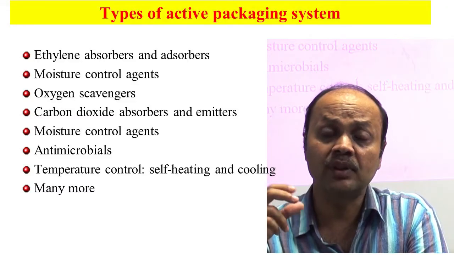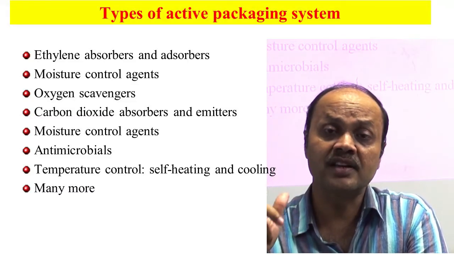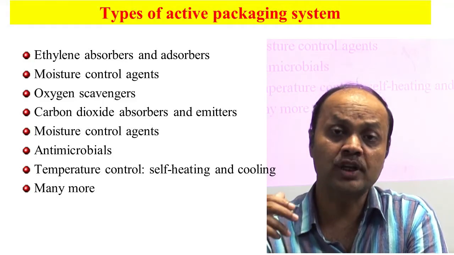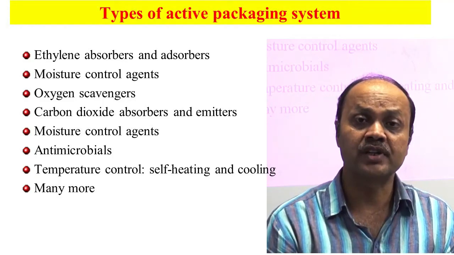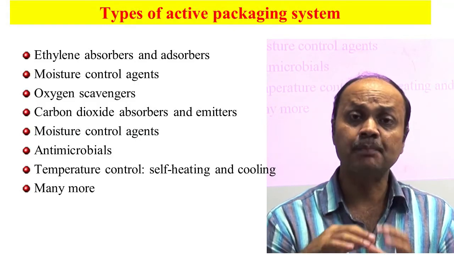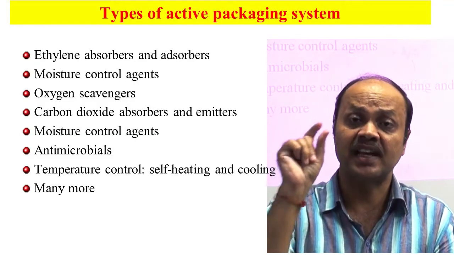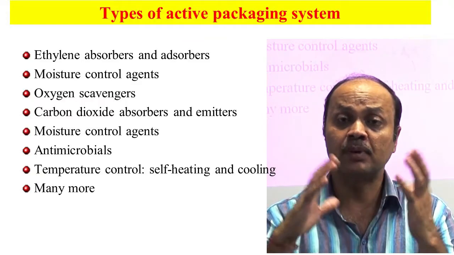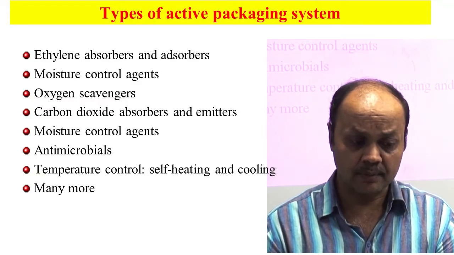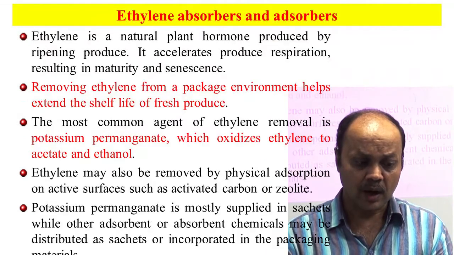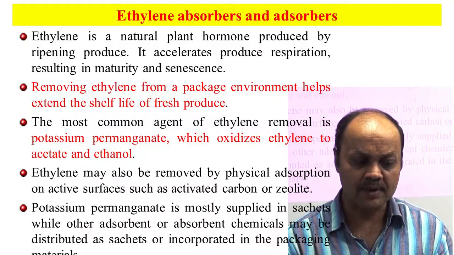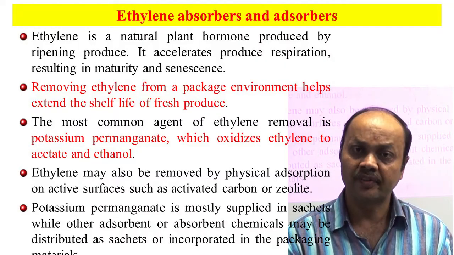With time, if you do not control the ethylene concentration, it will ripen naturally. If you want to delay the ripening process, nowadays different types of active packaging material are available. You can put in a sachet, or the plastic film is developed in such a way that, as you can see here, it removes ethylene from the package environment and helps extend the shelf life of fresh produce.